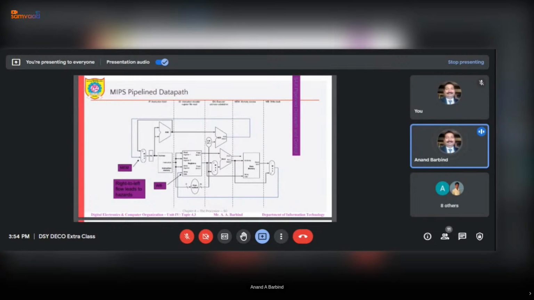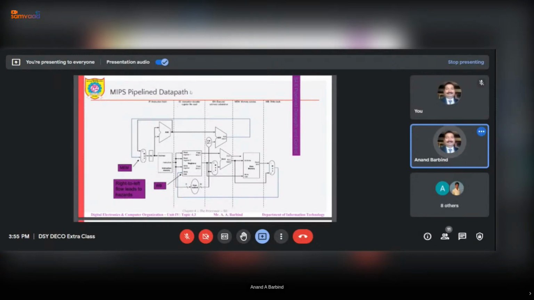First of all, we divide the architecture of the MIPS into 5 different units. The first unit is the instruction fetch unit. You can see this dotted line. Whatever is to the left of the dotted line is part of the instruction fetch unit.